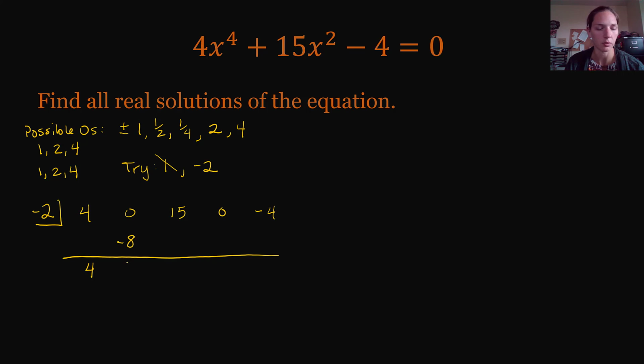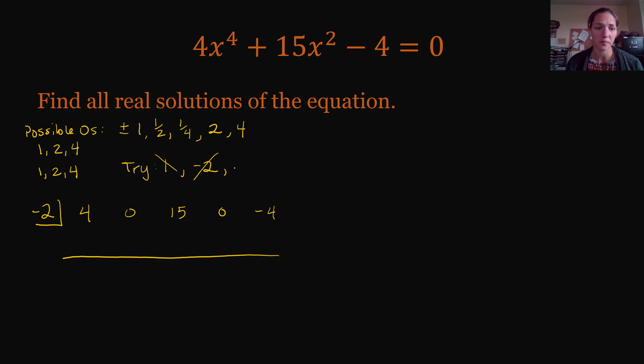Negative 8 times negative 2 is, oops, sorry, negative 2 times negative 8 is 16. This is going to give me 31, negative 62. There's no way we're getting back to negative 4, right? So we'll go back. Negative 2 also didn't work.